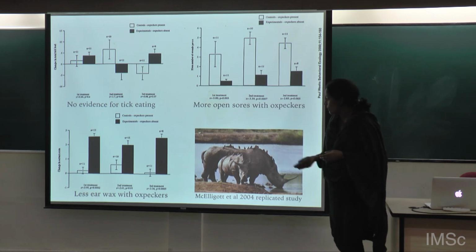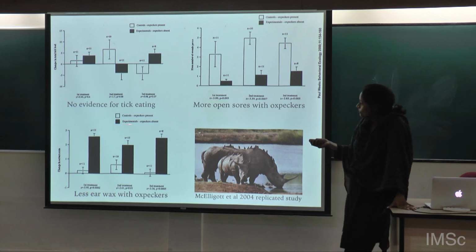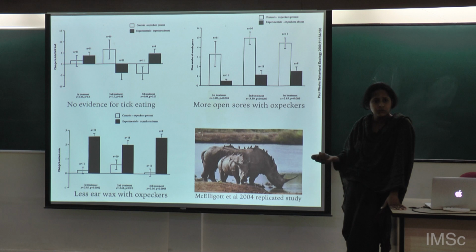Then he looked at the earwax, and here he finds that wherever there was no bird, the cow or the rhino or whatever, the water buffalo, had much more earwax, right? So maybe they are performing a function not with respect to ticks, but with respect to earwax.